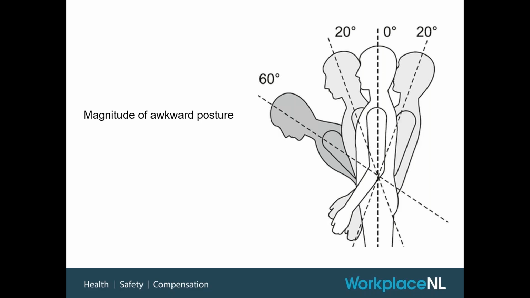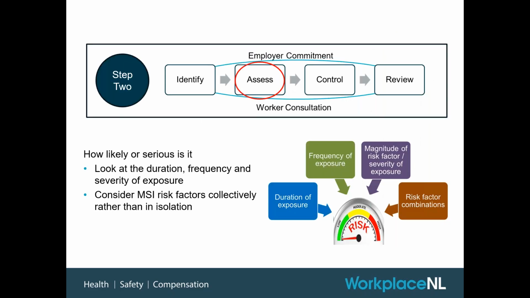And then we're also considering risk factor combinations. There may be a situation where a worker is exposed to more than one risk factor at the same time, or a particular body part is exposed to more than one risk factor. An example is someone doing a lifting task who has to lift the load from the floor because the load is positioned on the floor and doesn't have handles. They have to get their hands down underneath the load to be able to lift it.